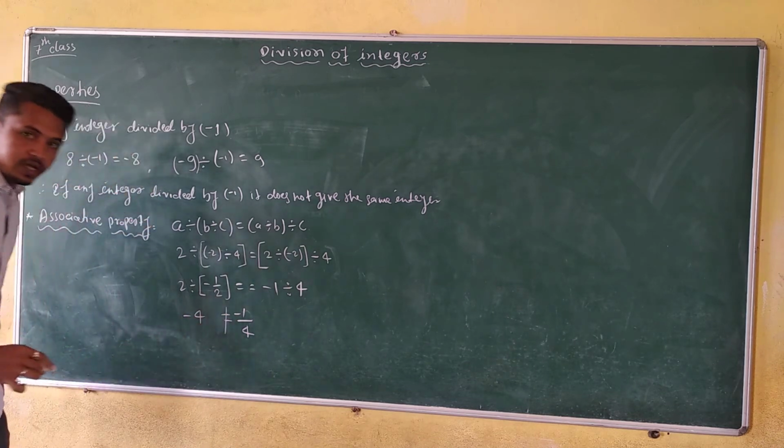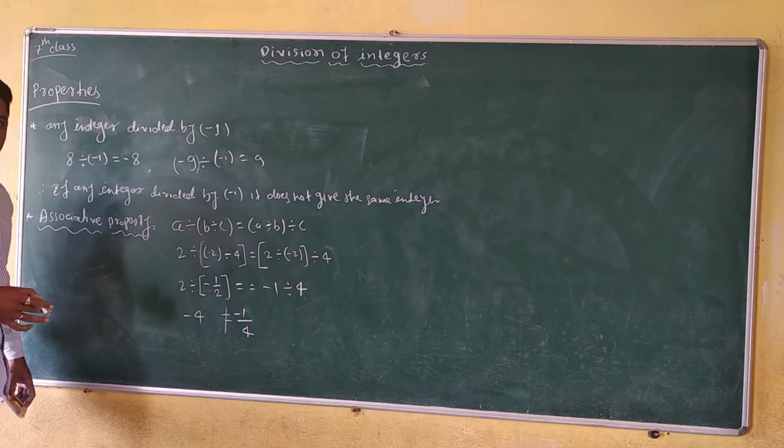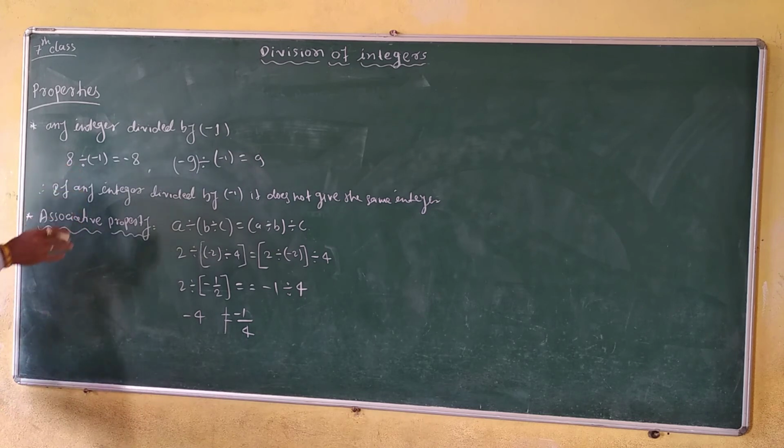Is it right? Therefore, the division associative property does not exist for integers.